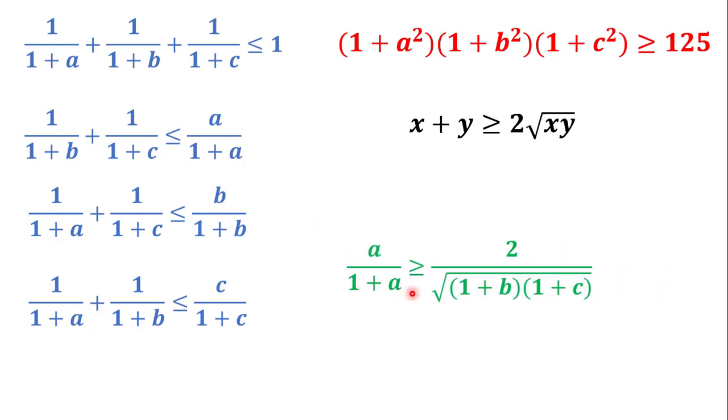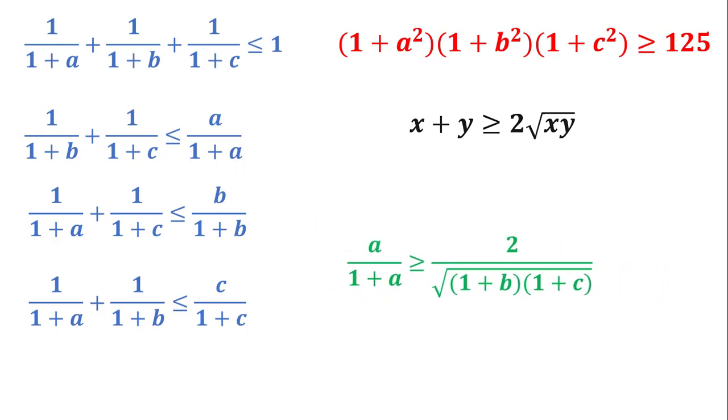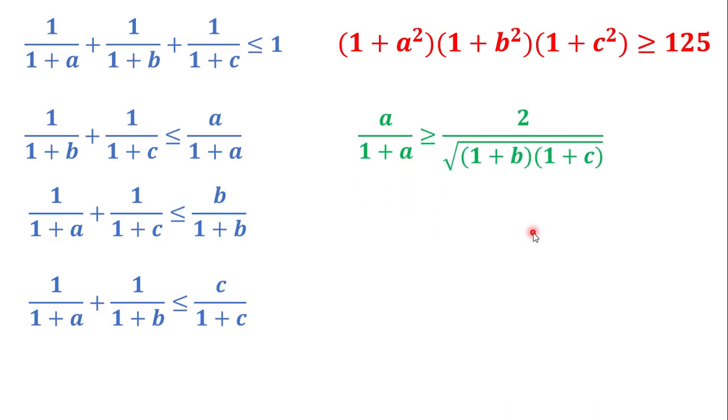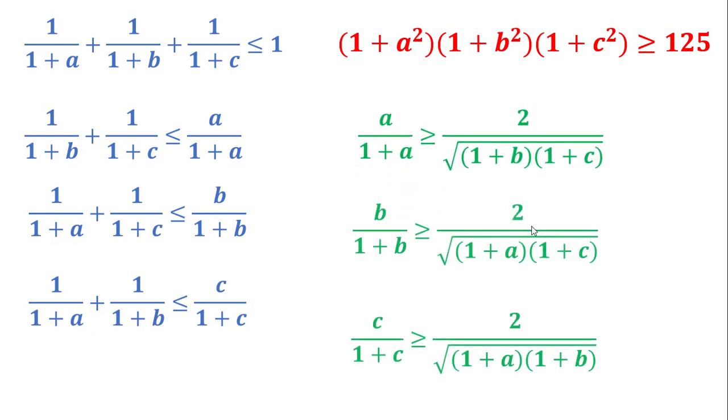Also, by using the same way, we can write 2 over the square root of 1 plus a times 1 plus c is less than or equal to b over 1 plus b, and 2 over the square root of 1 plus a times 1 plus b is less than or equal to c over 1 plus c.